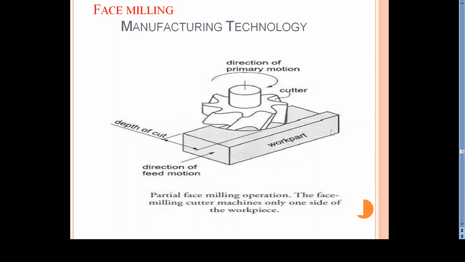The cutting action is because of the cutting edges. You can see the cutting edge here, and when the cutting edge touches the workpiece, because of the shearing action, the metal will be removed. As it rotates, the cutting edges change instantaneously. Now this edge is cutting, next time the next edge will be cutting, like that.